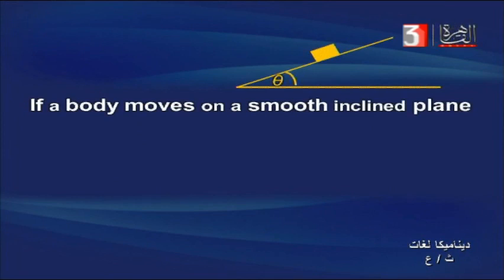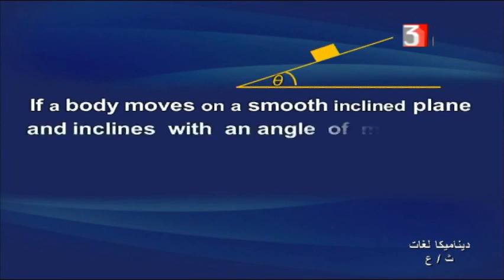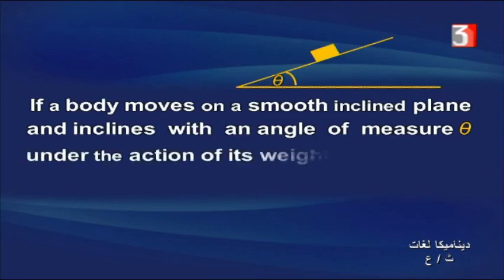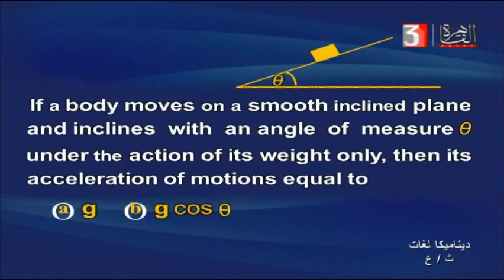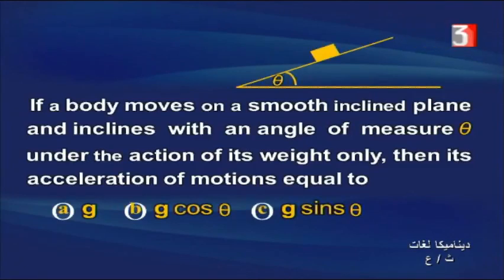If a body moves on a smooth inclined plane inclined with an angle of measure theta under the action of its weight only, then its acceleration of motion equals g cosine theta, g sine theta, or equal 0.